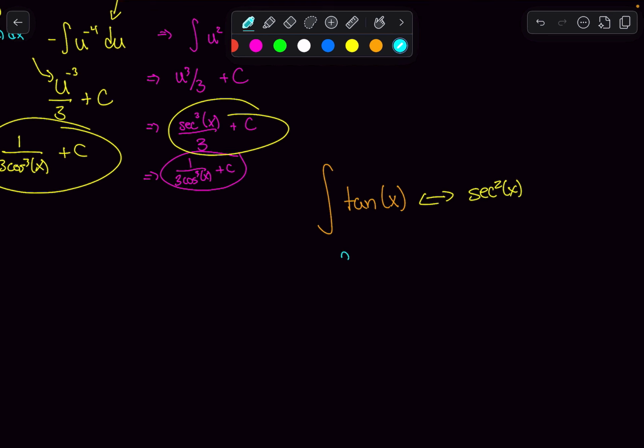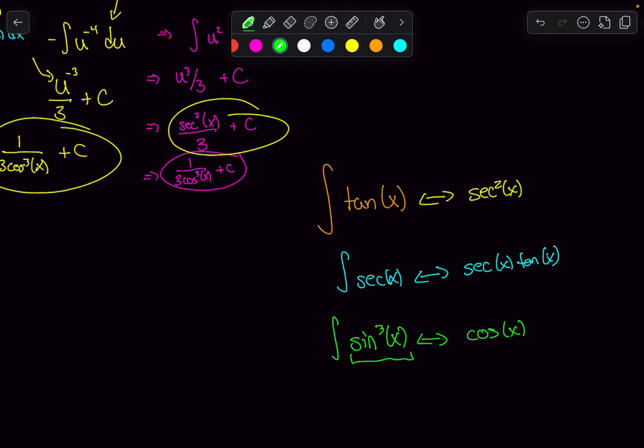Or if you have an integral that has secant of x in it, we'd like it to be paired up with a secant of x tangent of x. And, very similarly, if we're doing integrals that involve, let's say, sine cubed of x or something like this, because there's a sine of x there, we would really like there to be just a cosine of x sitting somewhere in the problem. And as soon as we get one of those, we are good to go.